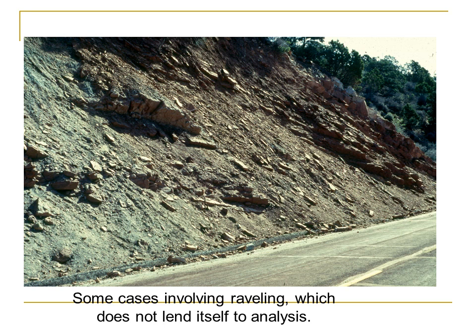There are a number of cases that I wanted to show images of that constitute raveling, or conditions where marginally stable conditions occur, but there's a sliding mass moving down the slope at the inherent strength of the material.